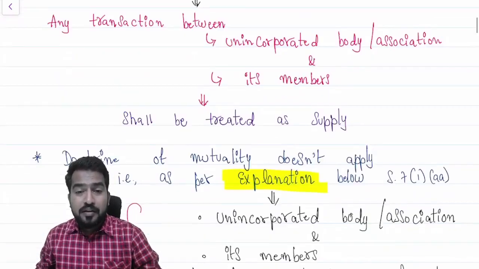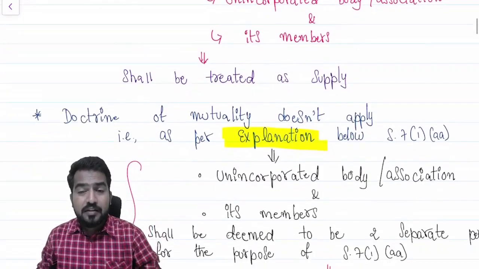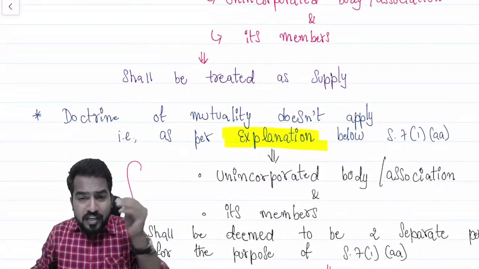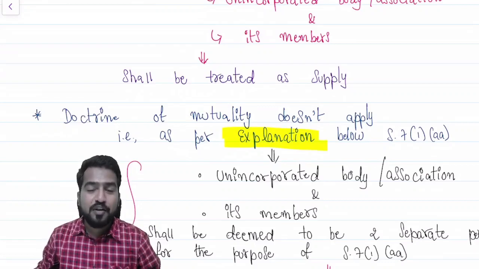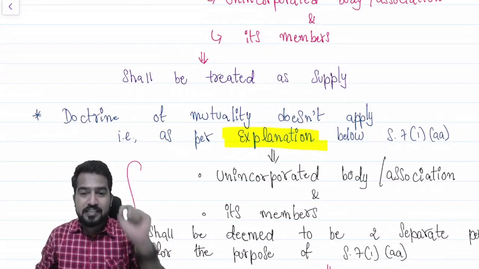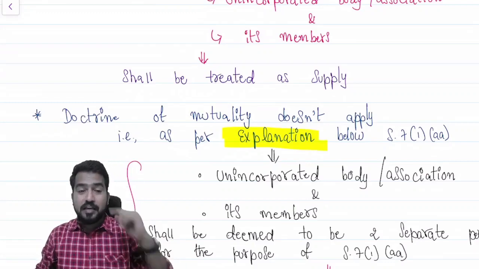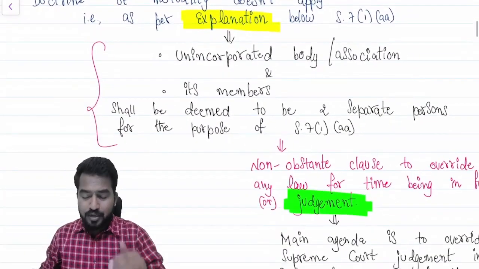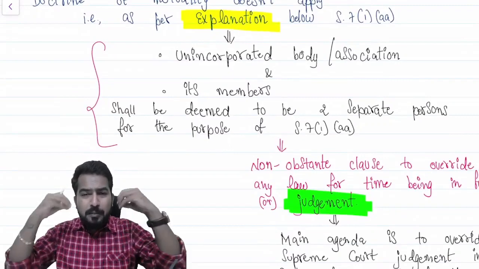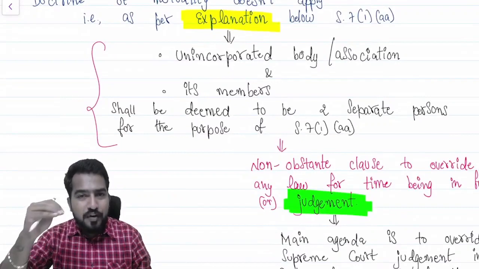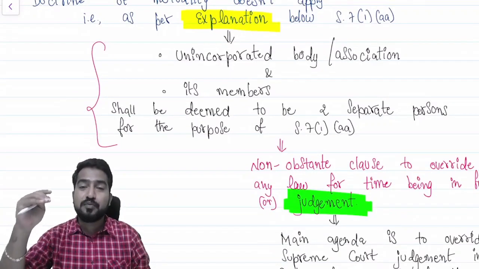And please understand, the amendment is made so beautifully. They have given an explanation below this clause saying that the doctrine of mutuality doesn't apply here. The explanation says the unincorporated association or body and its members shall be deemed to be two separate persons for the purpose of section 7 subsection 1 clause A.